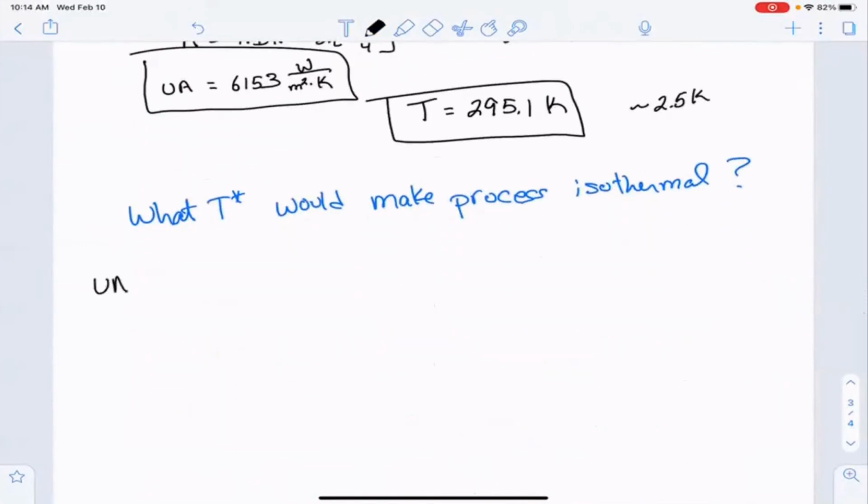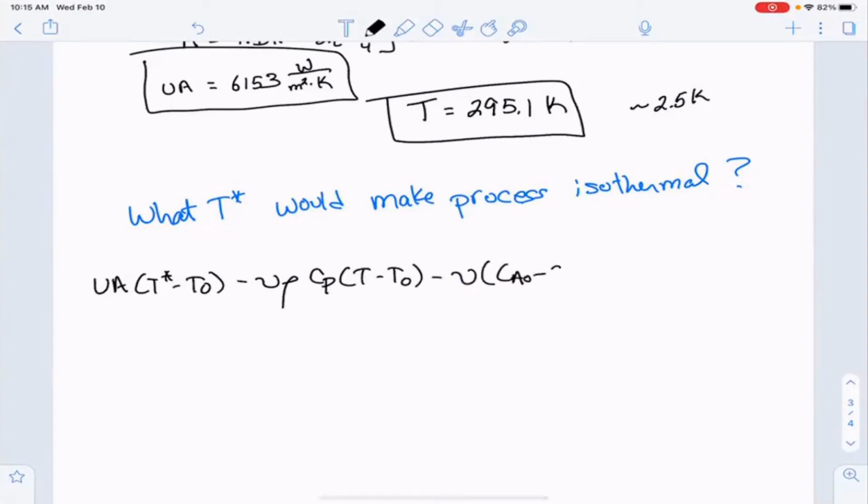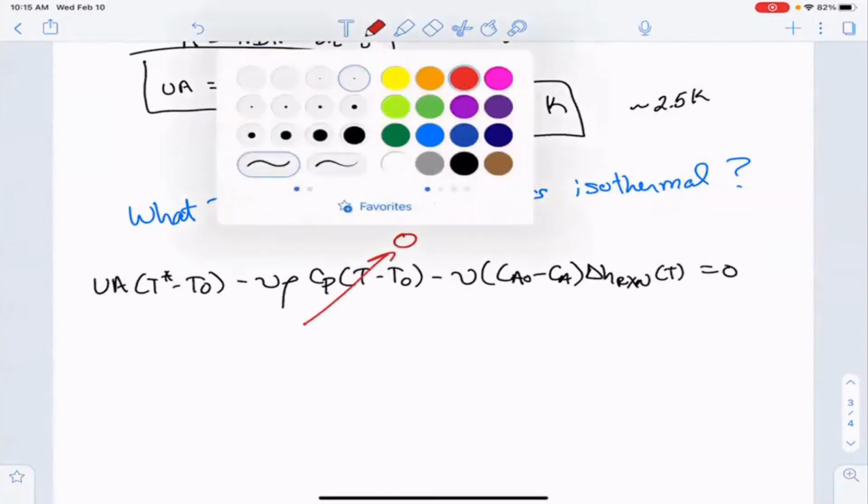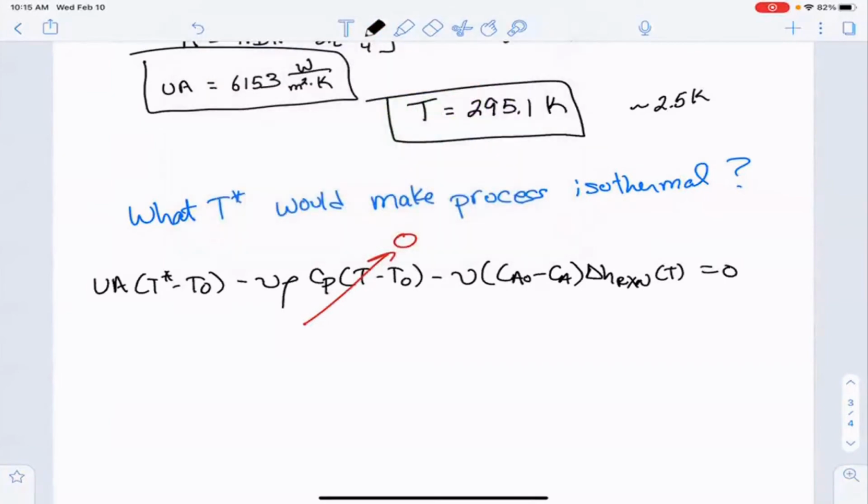We can take UA times T star minus T0, minus the volumetric flow rate times the density times the heat capacity times T minus T0, minus the volumetric flow rate times CA0 minus CA times delta H of reaction. That's equal to 0. And I just said, if we want to figure out how to make the process isothermal, that just means that T minus T0 is equal to 0.